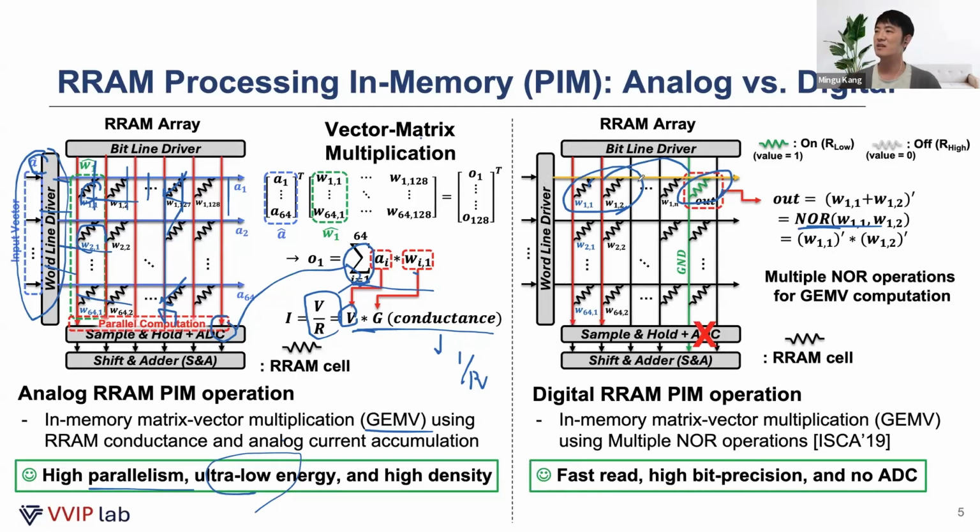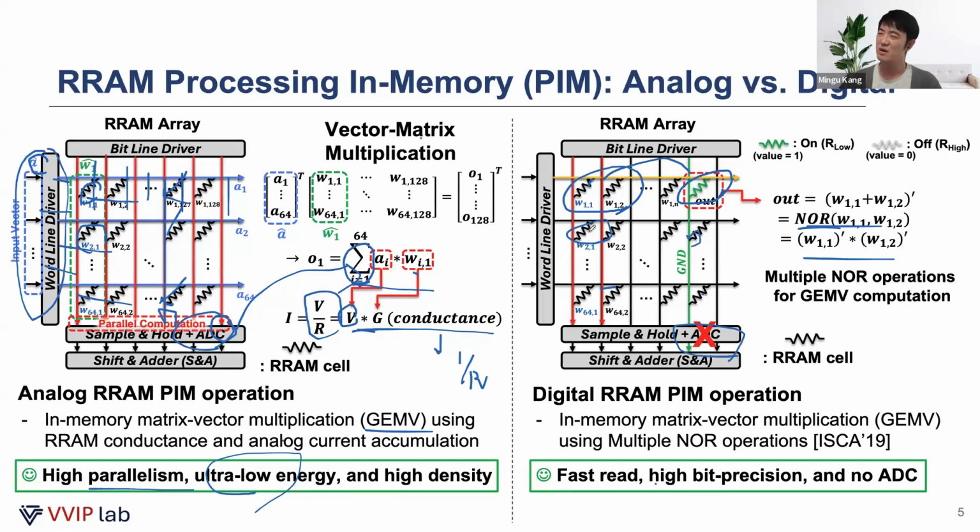By modulating this phenomenon, you can program all of the rows in parallel. This is a digital PIM operation. Because this is a digital operation, first of all you do not need the analog-to-digital converter, and also higher accuracy can be achieved.